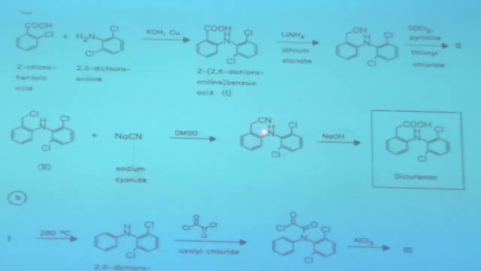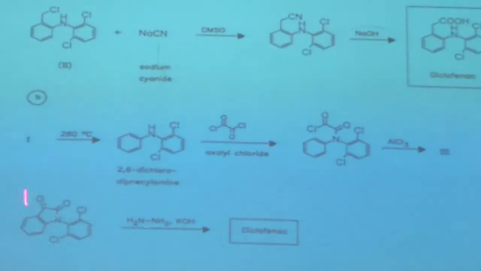That cyano derivative on reaction with sodium hydroxide loses nitrogen as ammonia, and a carboxylic group will be formed, and your new product formed is diclofenac. And if that proton is replaced with either potassium or sodium, diclofenac sodium or diclofenac potassium will be formed.